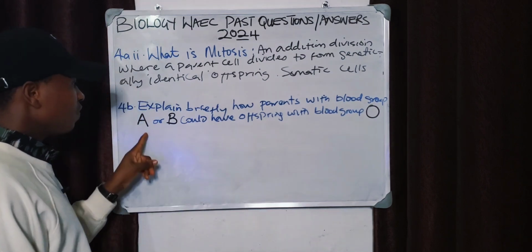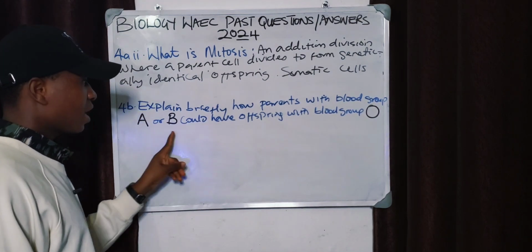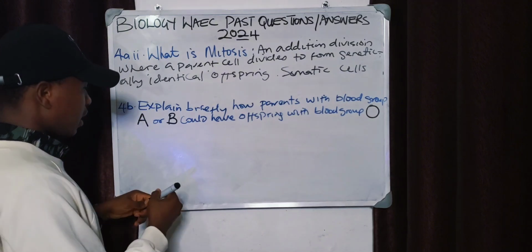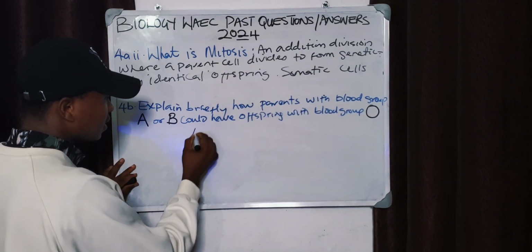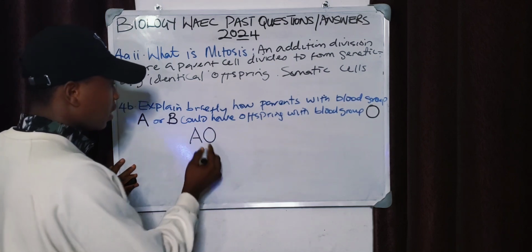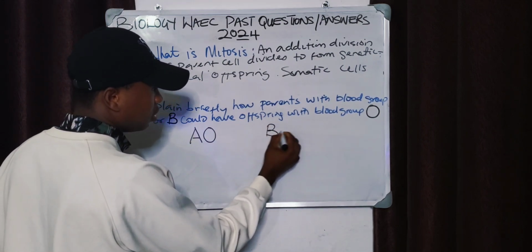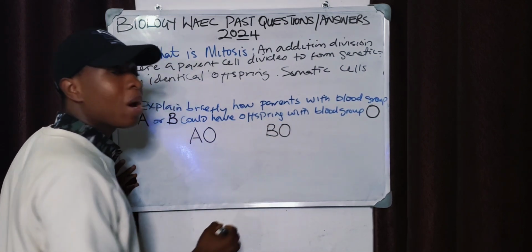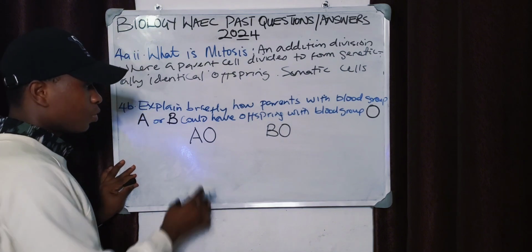That simply means that if this is the gene of the father and this is the gene of the mother, it means that the father has this A gene and O gene. The mother has the B and O allele.